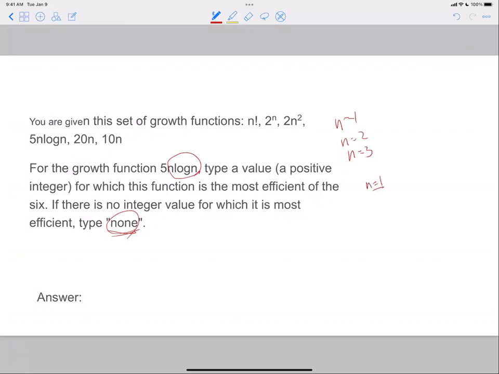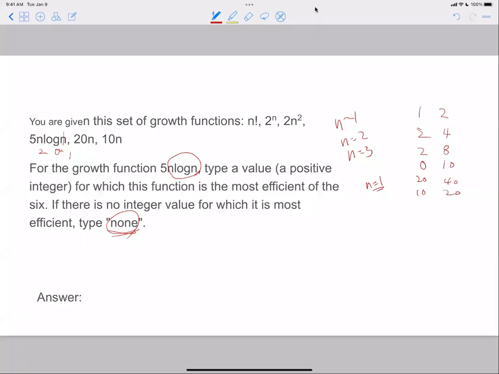When n is 1, we can calculate 5n log n, and log 1 is 0, so it will be 0, versus 20n which is 20. When n is 2, 5n log n is 10, versus 40 and 20.